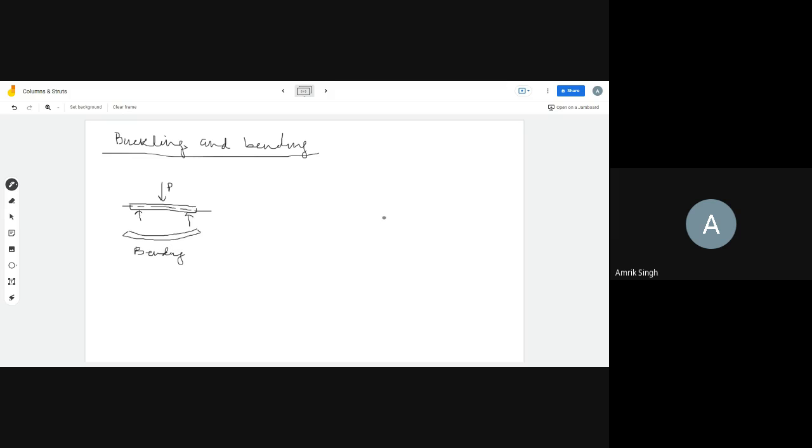While in the case of buckling, the load is in the vertical direction like this. Here the cross section is thin, but here the cross section is not thin.